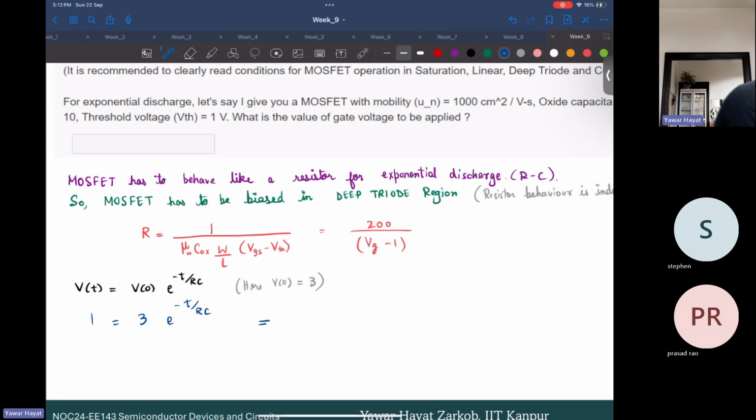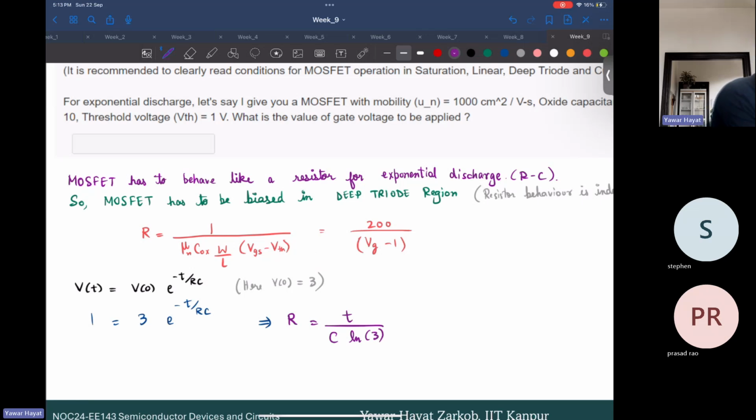So that implies that R is equal to T by C ln of 3, isn't it? Right, just work it out. It should be this, right?